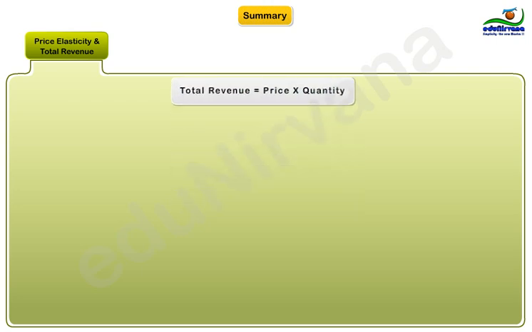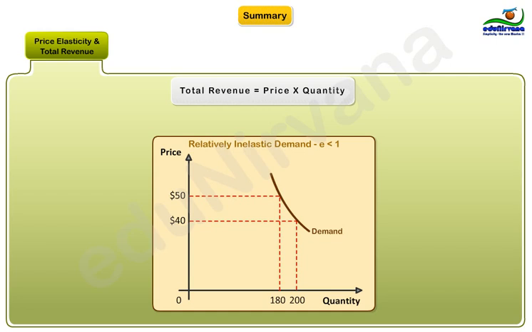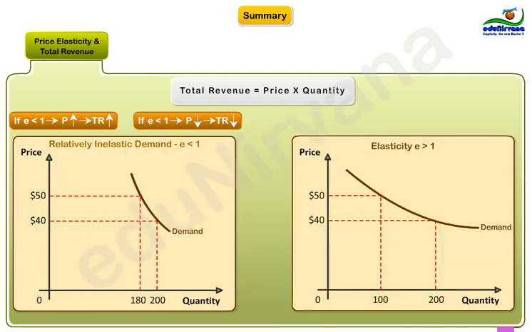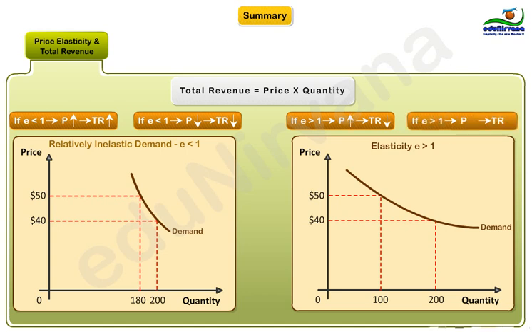If elasticity is less than 1, then total revenue increases if price increases, or total revenue decreases if price decreases. If elasticity is greater than 1, then total revenue decreases if price increases, or total revenue increases if price decreases.